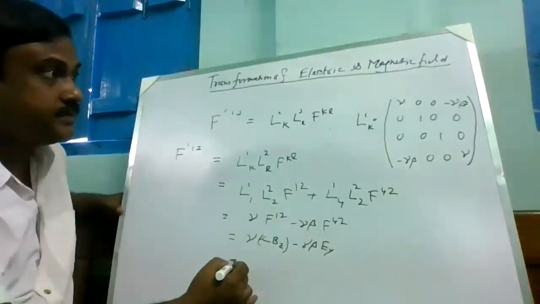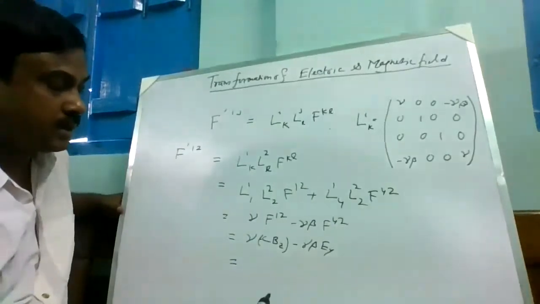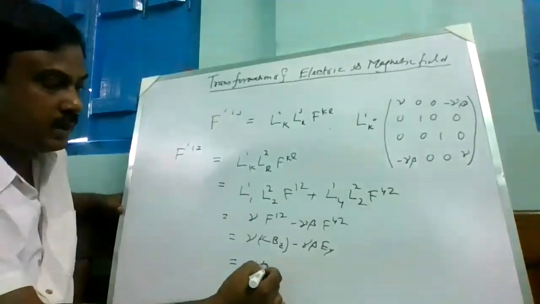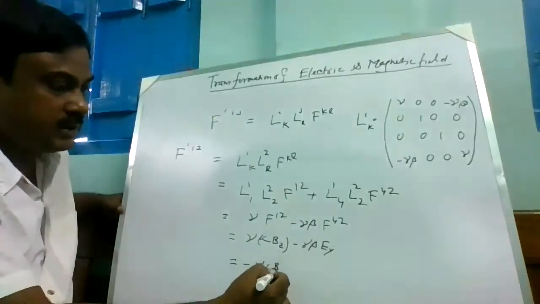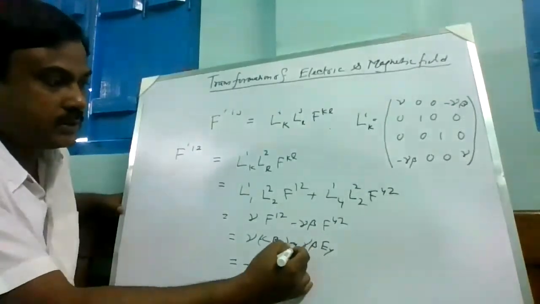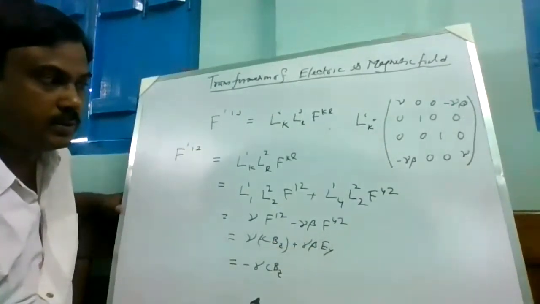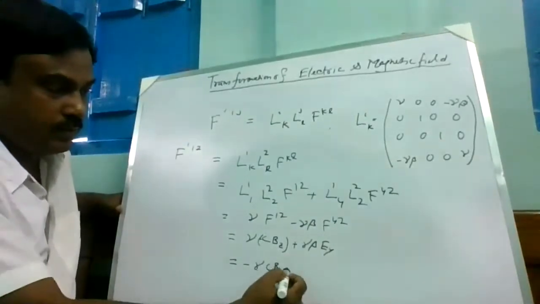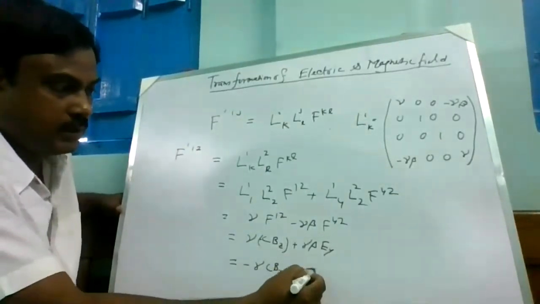So it will be minus gamma cBz plus gamma beta Ey.